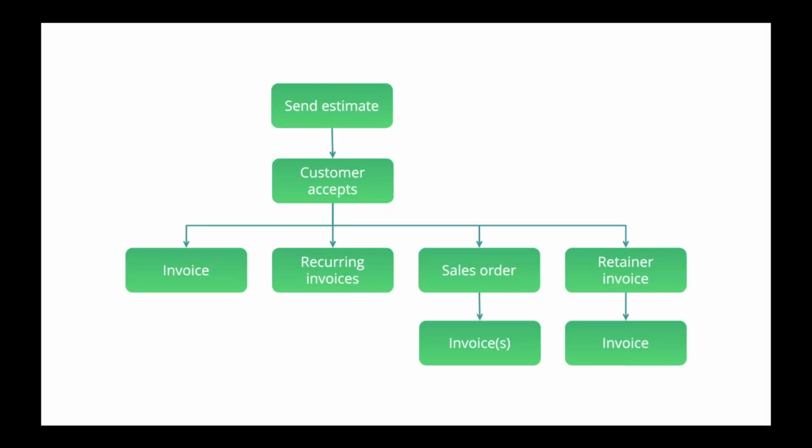And the last option, and again this is not even a comprehensive list of the different ways you can do this, is to maybe start with a retainer invoice. Once they accept it, they pay a retainer fee, and then you only invoice them if they actually end up using your services, or based off of the amount of time that you end up billing them for, or invoicing them for, I should say.